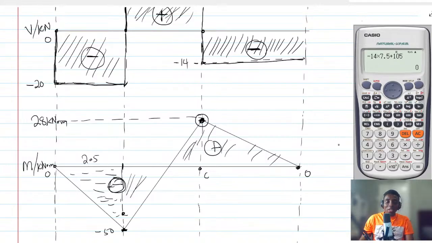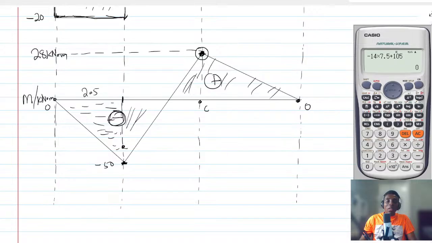So if I give you a question and I have asked you to calculate the... okay, we have minus 50 here, but then that is in the negative direction. So this is the shear force and the bending moment diagram for the question.